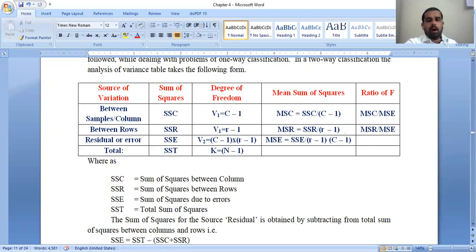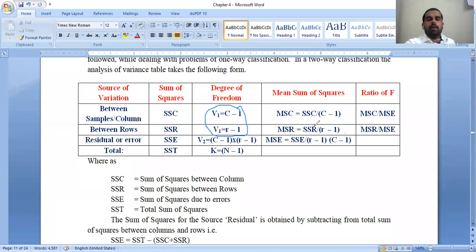You will get some confusion when comparing with one-way classification. In one-way we have V1 and V2, but in two-way classification we have V1 and V1. The third one, residual or error, is V2. Observe carefully: SSC divided by C minus 1, SSR divided by R minus 1, and SSE divided by R minus 1 into C minus 1.